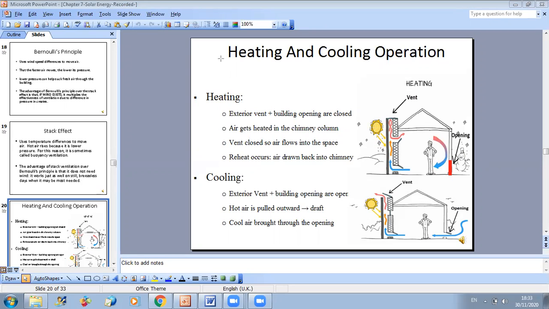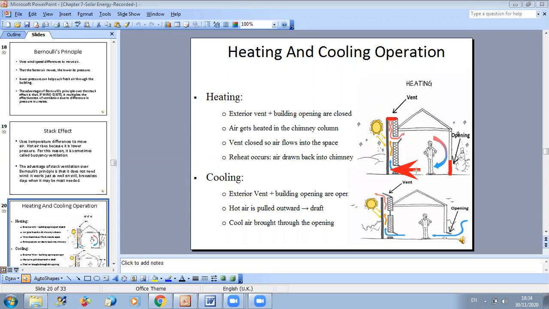Air will first be drawn through this gap, and once it goes through this vent, it will be heated by the solar energy, and due to stack effect, it will rise upward due to decreased density, relying on buoyancy effect. Since you are closing all your external vents, it will circulate back into the house, and this will lead to a warming effect.